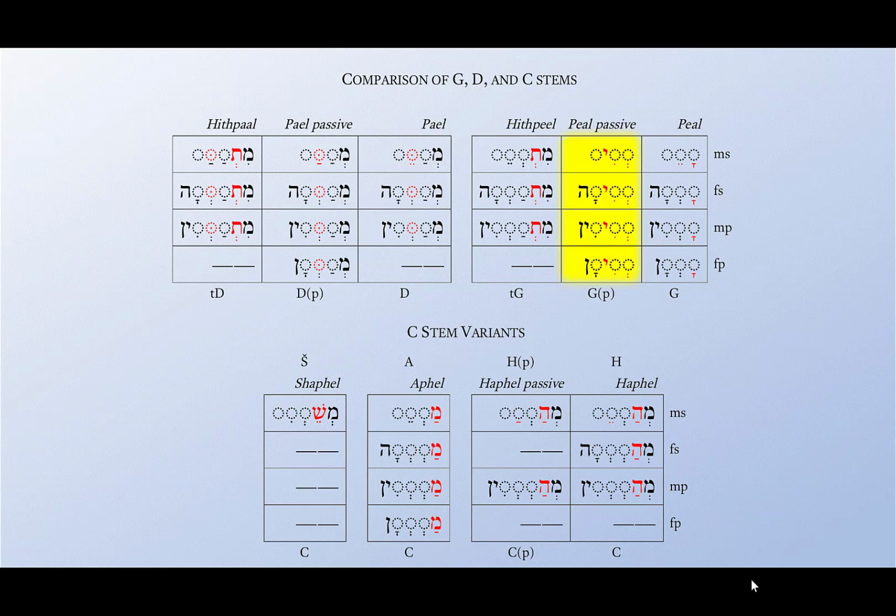However, obviously in the feminine singular, masculine plural, feminine plural forms, we're adding participle endings onto that basic pa'al passive form. So it is indeed a participle and not a pa'il finite verb, a perfect finite verb.